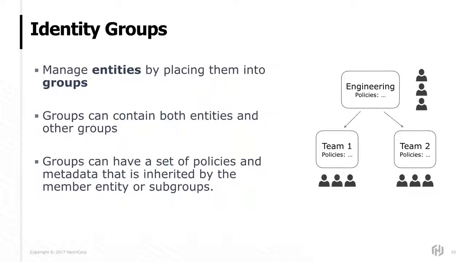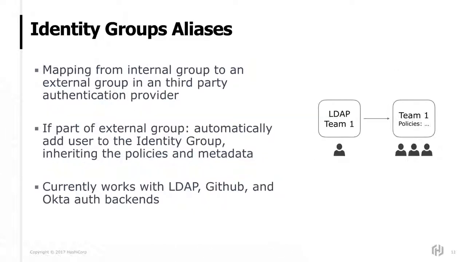So all the policies within a group are inherited by the member entities and the member subgroups. So for instance, if you're a member of Team 1, you have all the policies and metadata from your entity. You also inherit the policies and metadata from your team, so Team 1. And then you also inherit all the policies and metadata from any team that is a parent of your team. So you would also get the policies that are associated to everyone in the engineering organization.